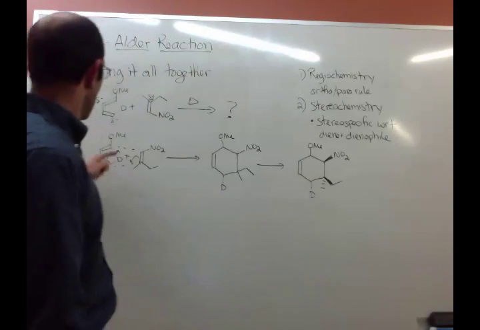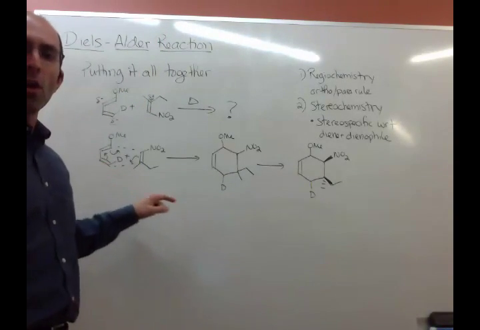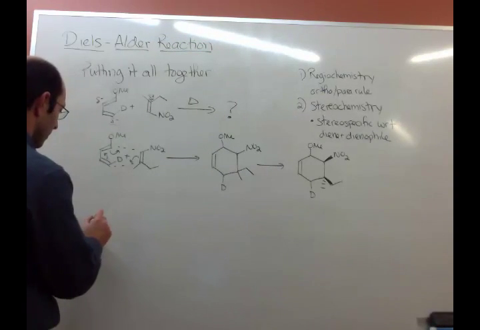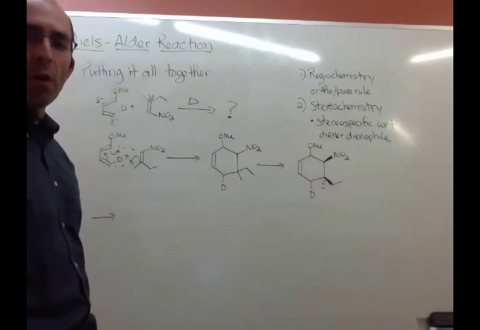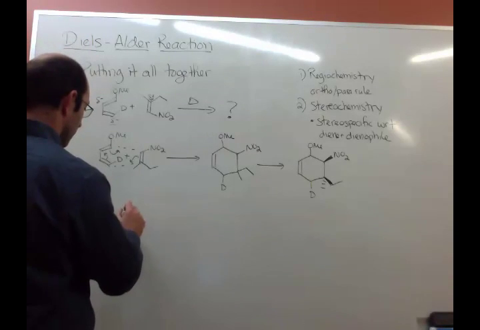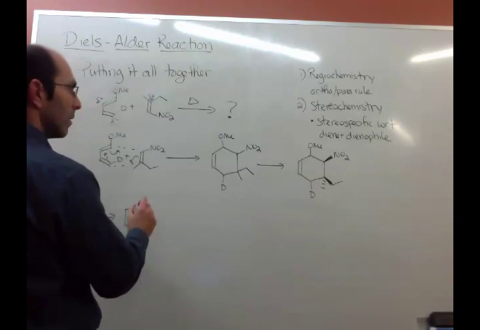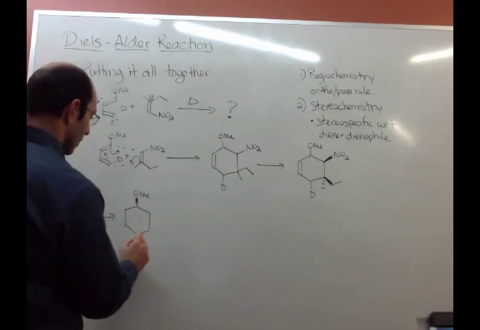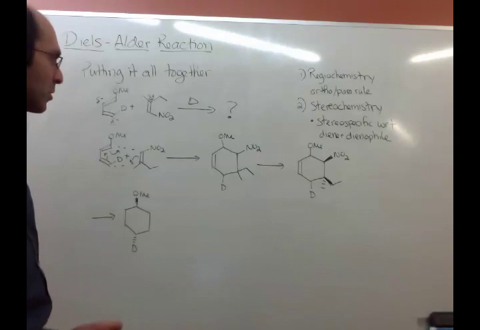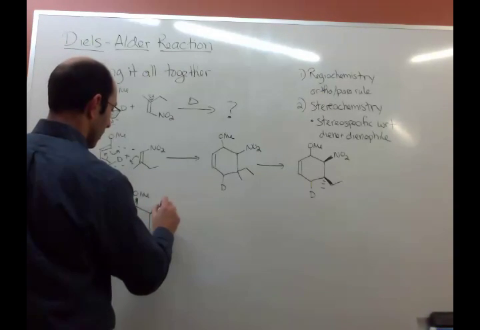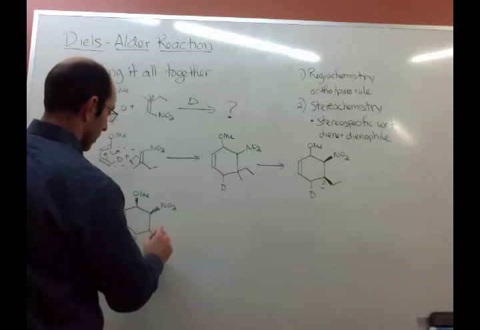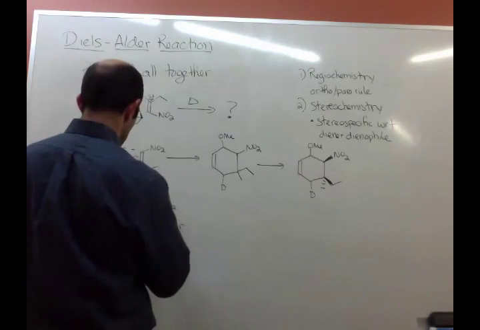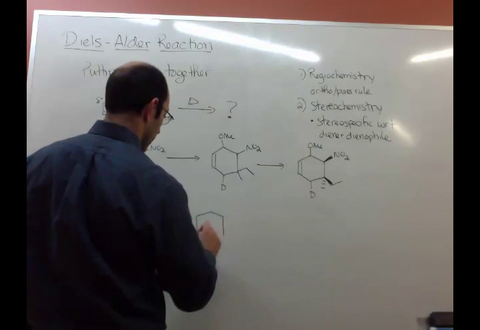Those, one's pointing out, one's pointing in. Those are going to end up trans. So we have two different options for how these are going to play out. So methoxy and deuterium are going to end up trans. So our options are the following two.